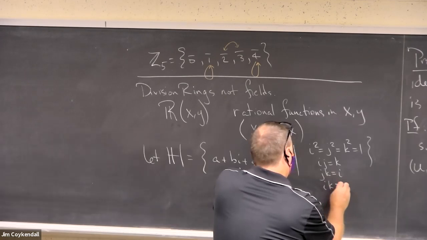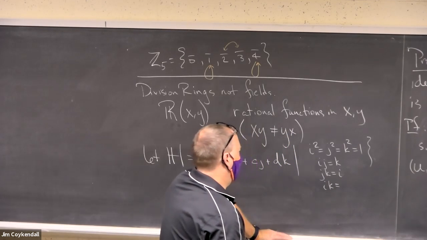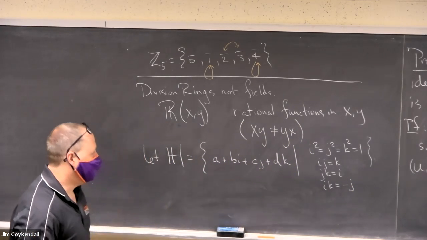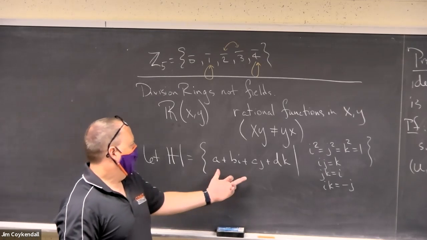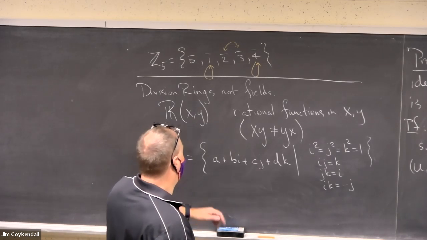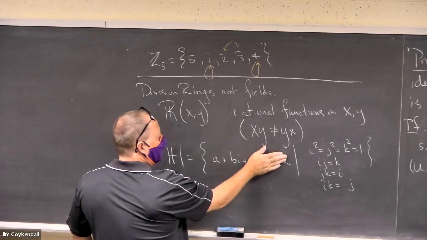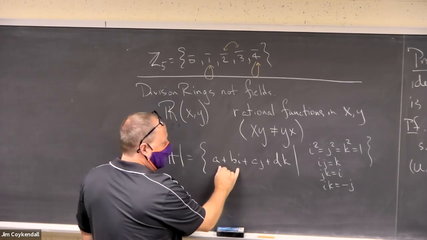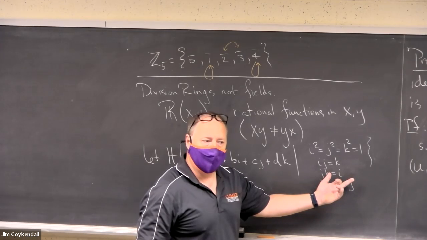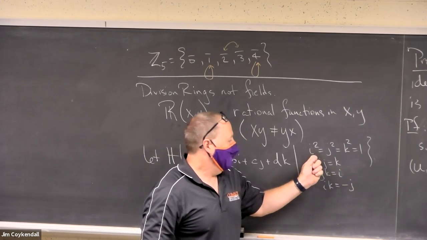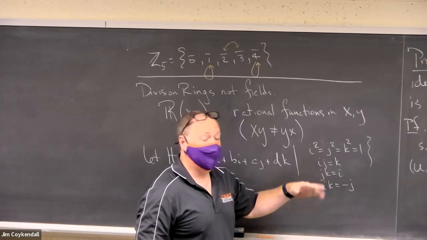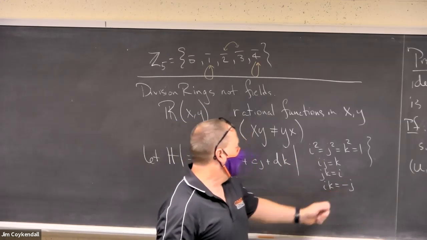And ik, so this here should be named like that. That's one way to do it. Where this is the quaternions, right? These contain the complex numbers. If you let c and d be 0, then these are just ordinary complex numbers. These relations ought to look familiar because this is the quaternion group of order 8, right? You've got plus or minus i, plus or minus j, plus or minus k, so that's 6, and then plus or minus 1.